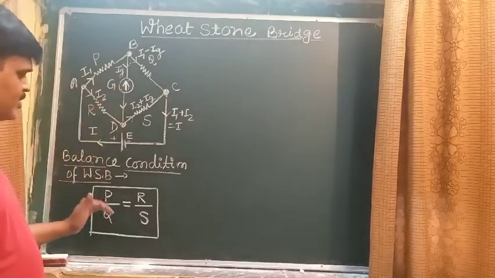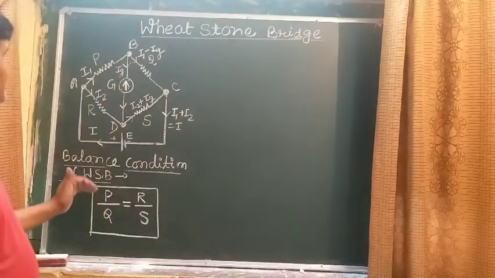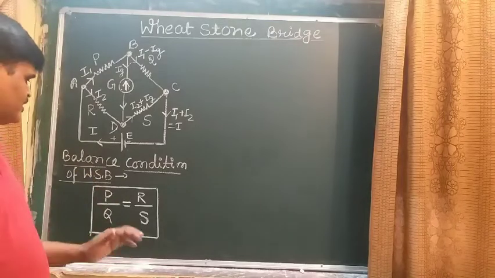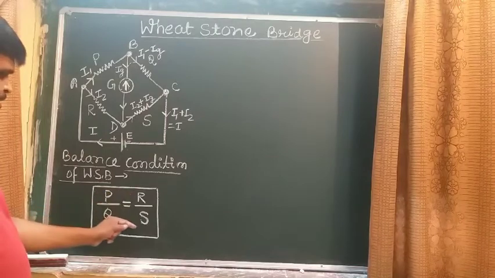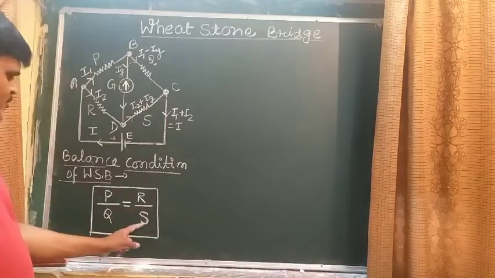It must be remembered that at balance, the formula is P by Q equal to R by S.